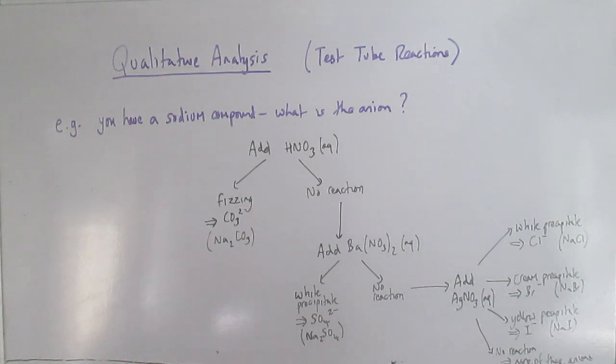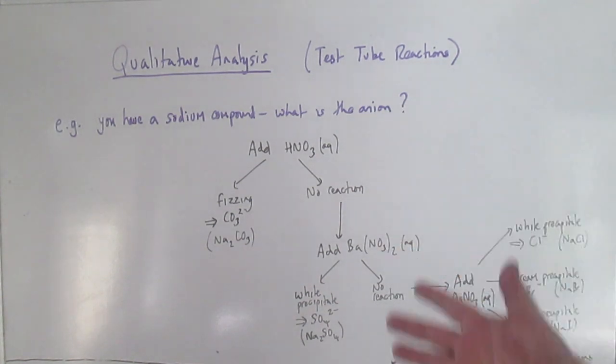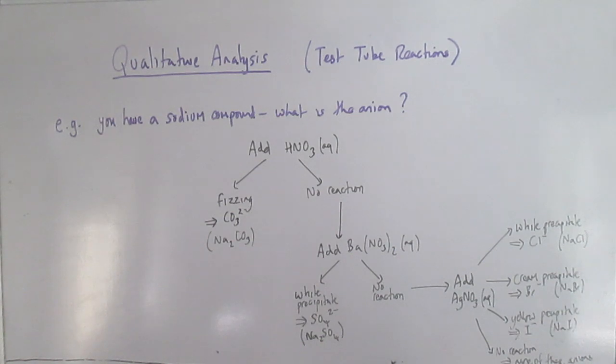And you can adapt that to various kinds of questions you get, like, here are 5 compounds, but you don't know which one is which. And again, you can adapt that kind of scheme to those sort of investigations quite easily.